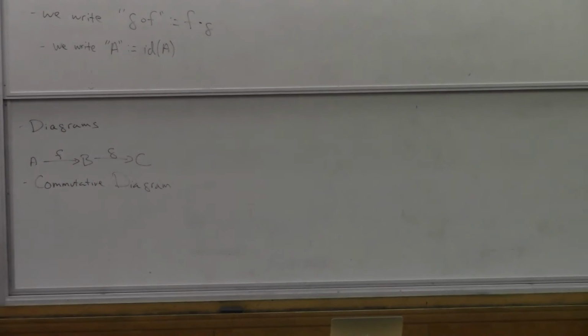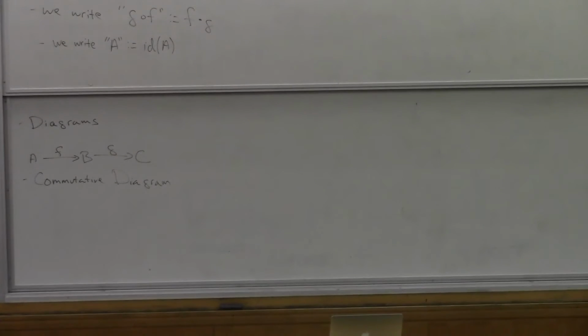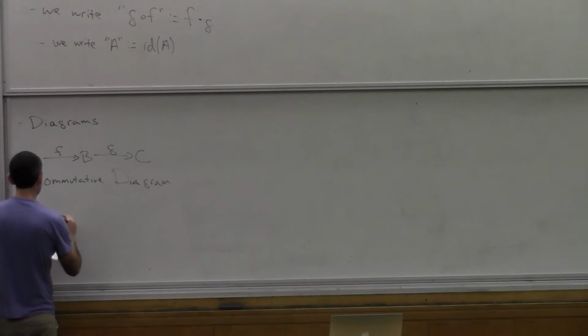And the idea here is that it's such a picture in which any parallel path of arrows drawn in the picture has the same composite. Right? So this is what Bob was trying to tell you this morning, but it's easiest illustrated by an example.